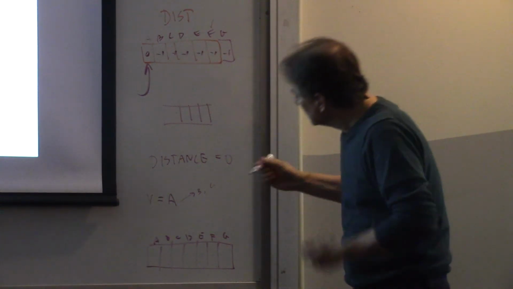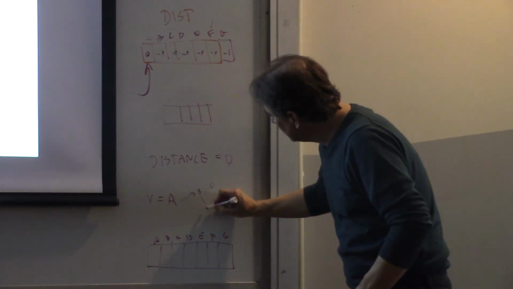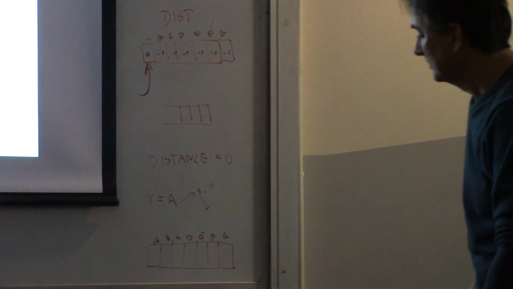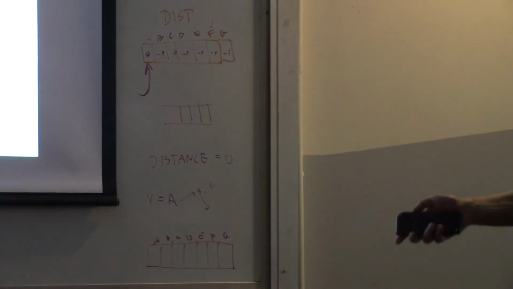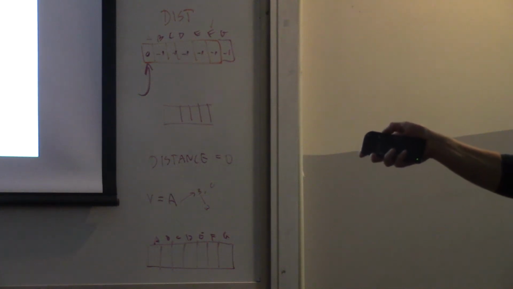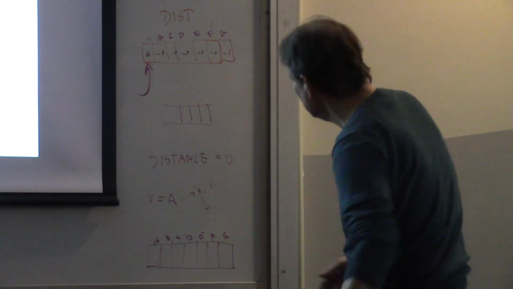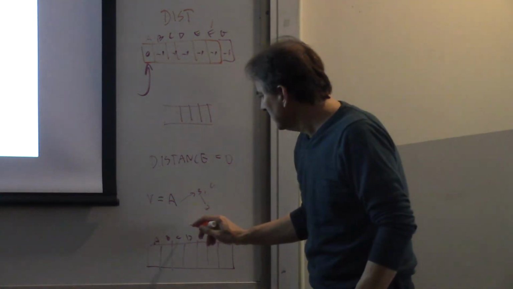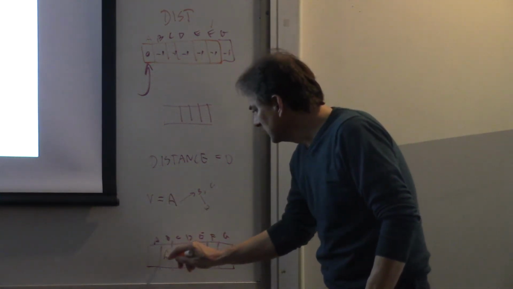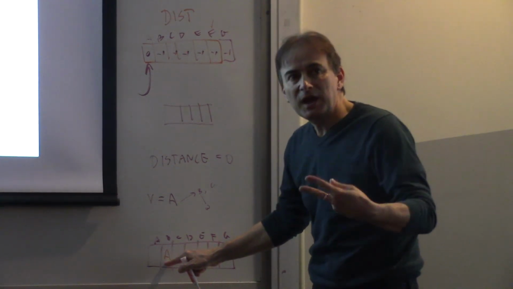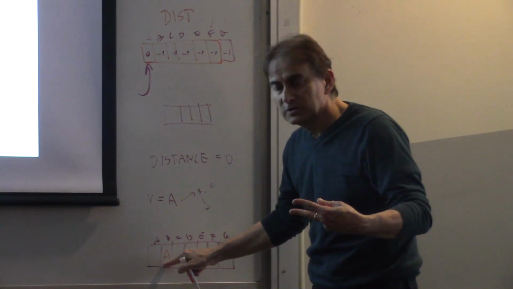W takes on the value of B. Has B been visited? No. So we'll set the predecessor of W to V. W is B, so the predecessor of B gets the value of V, which is A. Does that make sense? So the predecessor of B is A.